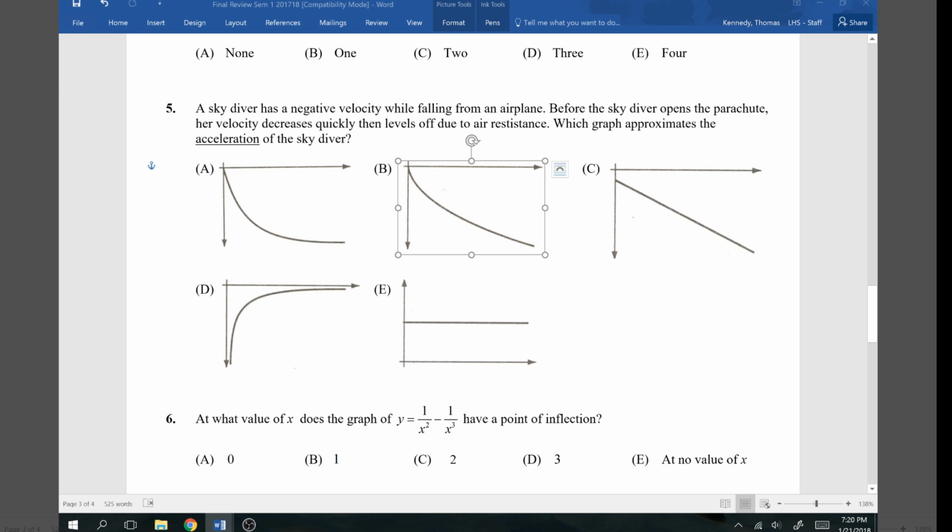And so what the acceleration is doing is decreasing quickly, so lots of acceleration but negative, and then it stops decreasing quickly and goes to not decreasing, which is 0 acceleration. So we want something that starts really negative and goes to 0, and that's this one. So that's what made that one hard, and what makes it kind of counterintuitive for a lot of people.